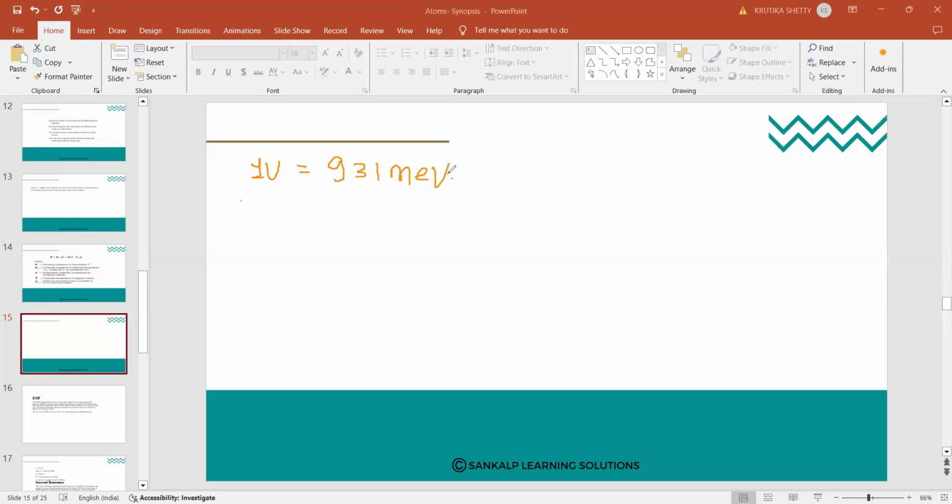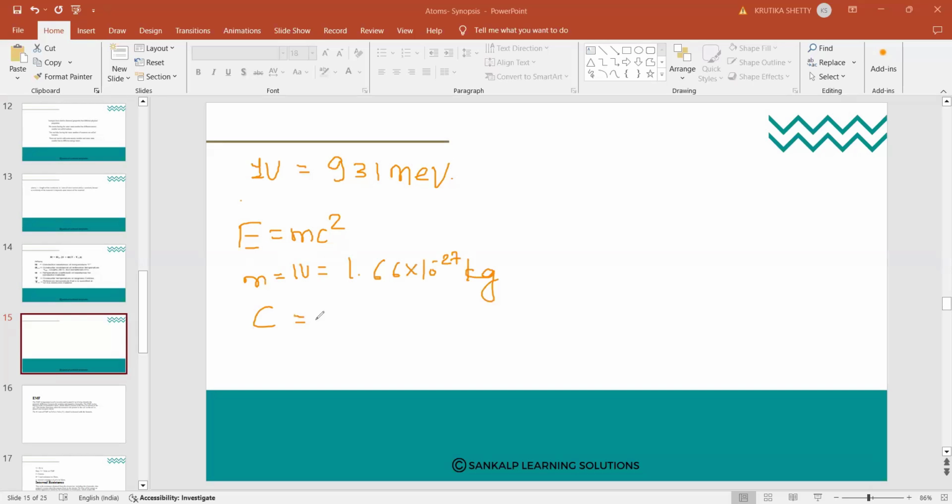You will see this point many times. Let us see how to prove this, but you remember it. According to Einstein's relation, Einstein's equation is E is equal to mc square. Here the mass, just now we have proved, 1 U is equal to 1.66 into 10 to the power of minus 27 kg.